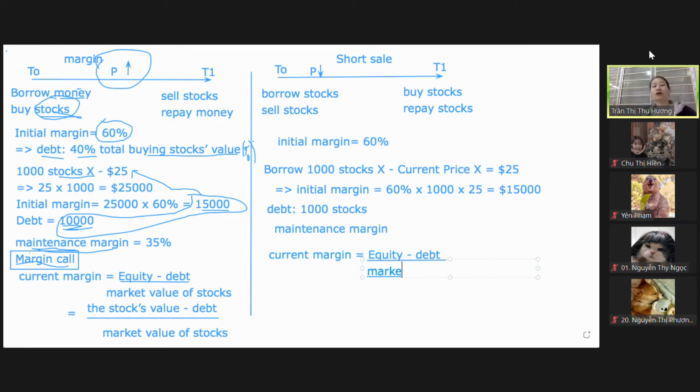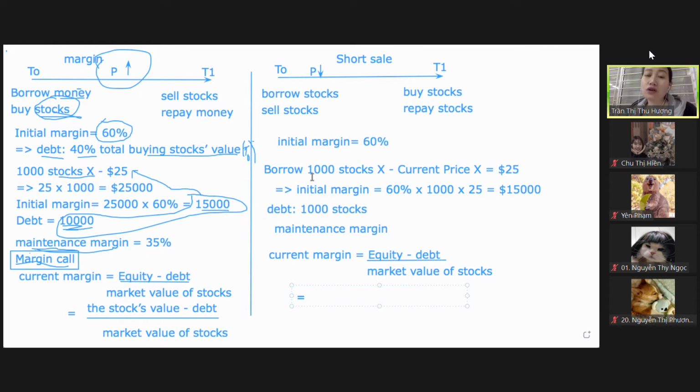However, in short sale, what is your equity, or what do we have? When you borrow stock from the company, you sell it immediately to the market.